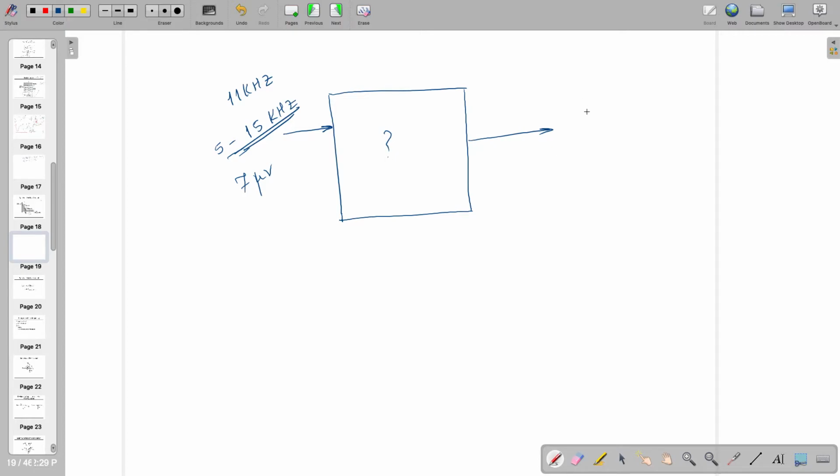Let's say you are going to reach till 3.3 volt, that's the supply voltage, right?